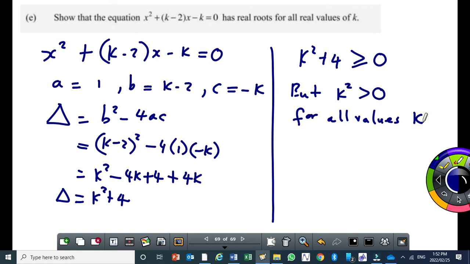So we say for all values of k, therefore, the equation will always have real roots.